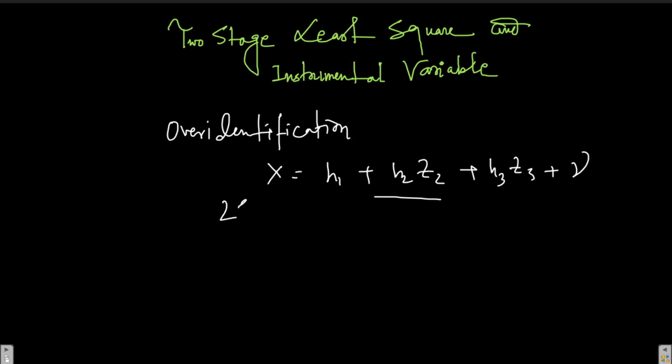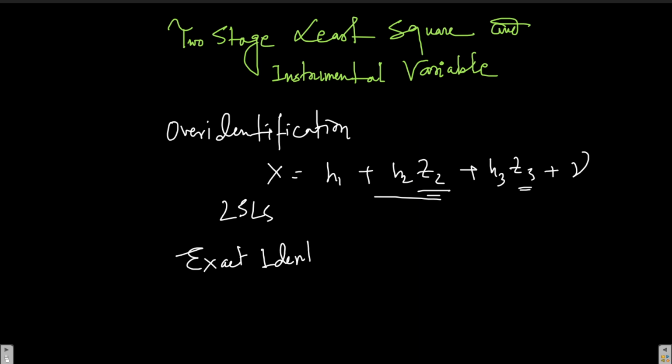Now here the Z2, Z3 all have to have all these properties of IV satisfied. Whereas for exact identification, when my number of endogenous variables is equal to my number of instruments, then we call it a case of IV.